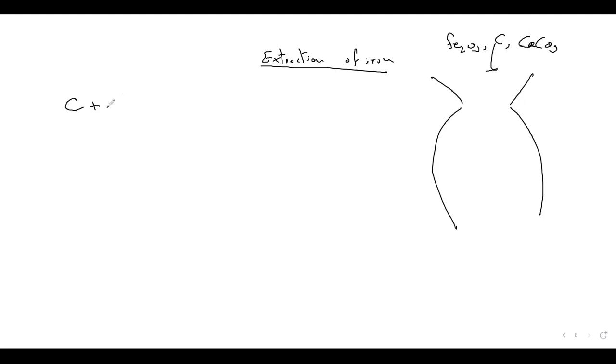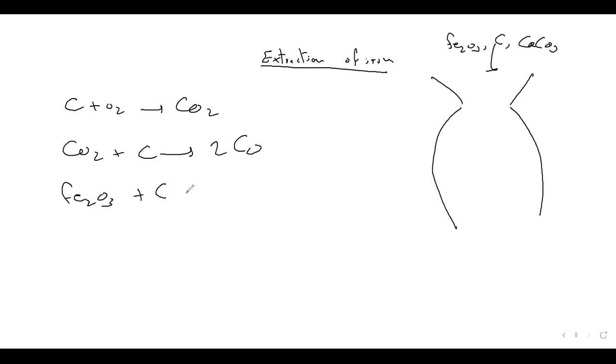At the beginning, carbon reacts with oxygen to form carbon dioxide. Then carbon dioxide reacts with more carbon to form carbon monoxide. Then iron oxide reacts with carbon monoxide to form iron and carbon dioxide.